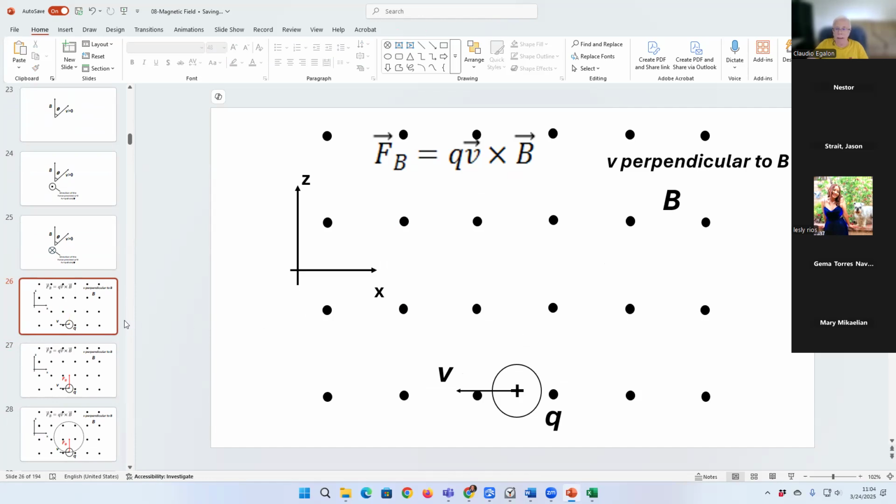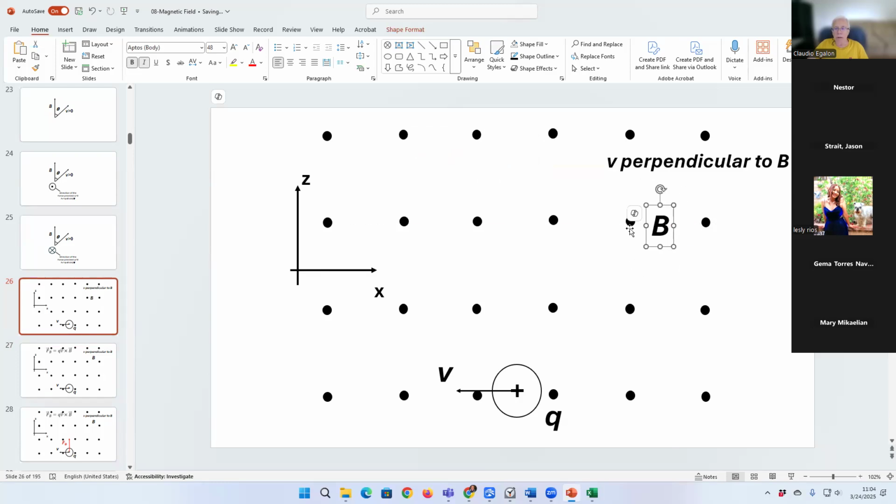I'm going to start removing some of the elements. Each of those dots that you see here means the magnetic field is coming out of the screen, perpendicular to the velocity.